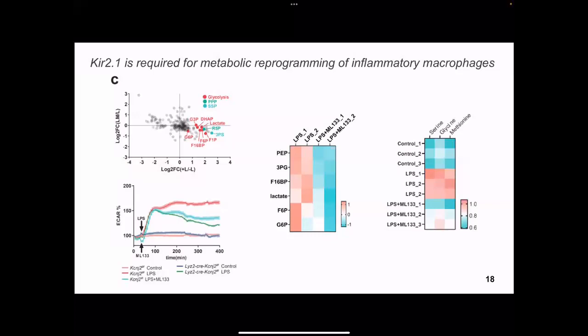They both reveal a significant reduction of LPS-induced glycolysis intermediates by ML133.